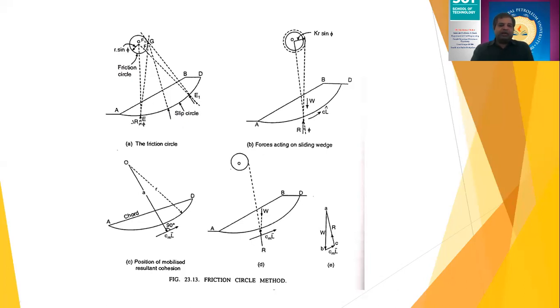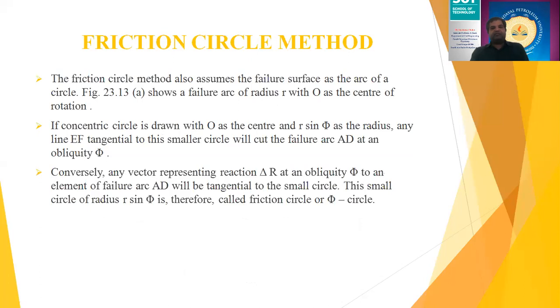Now to analyze this, let us come back to this slide, and I will explain each and every component of this circle. As the friction circle method assumes the failure surface as an arc of a circle, the figure we have shown is drawn with radius r, and O is the center of rotation. If a concentric circle is drawn with the point O as center and a radius of r sin phi, then this circle is known as the friction circle.